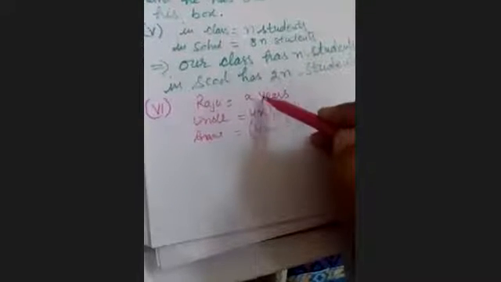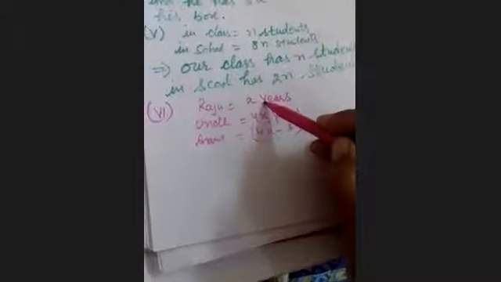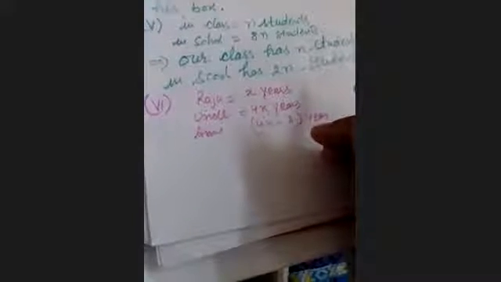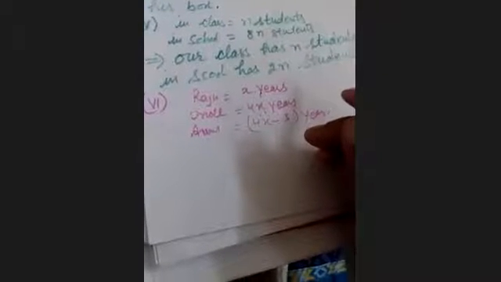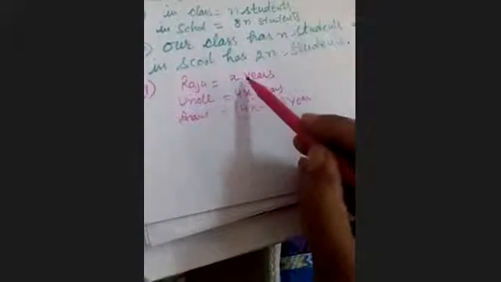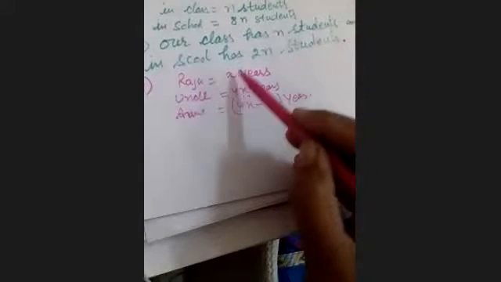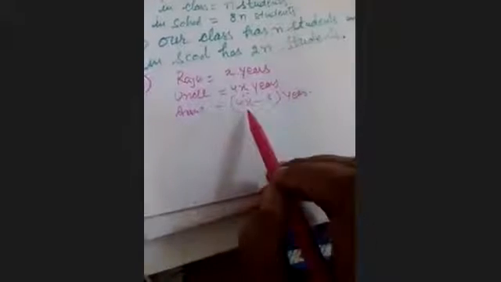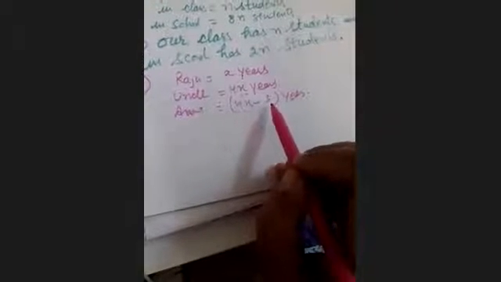Raju's uncle is 4 times the age of Raju, and his aunt is 3 years younger than his uncle. Yes, friends.